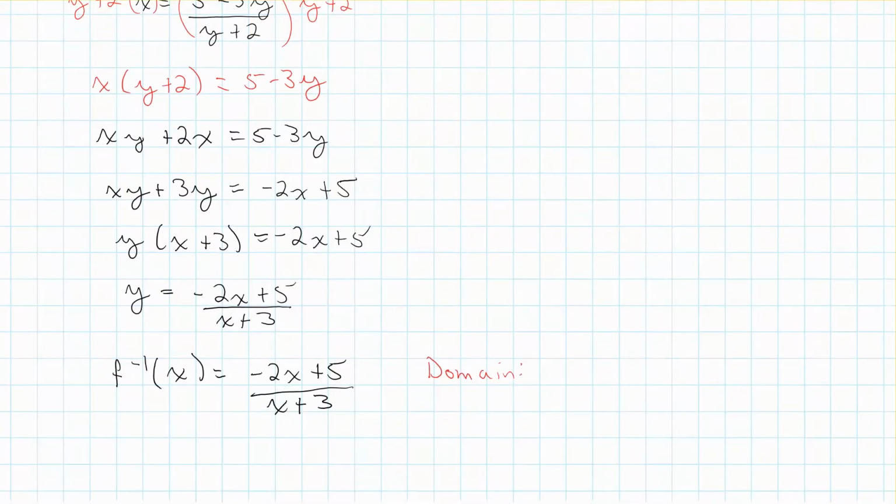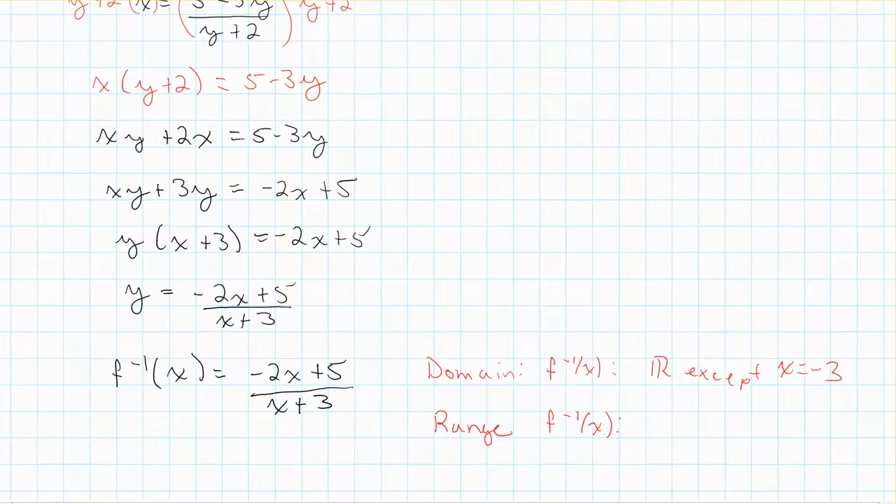So the domain for f inverse is all real numbers except x equals negative 3, because the domain becomes the range. They flip, and then the range is going to be all real numbers except x equals negative 2.